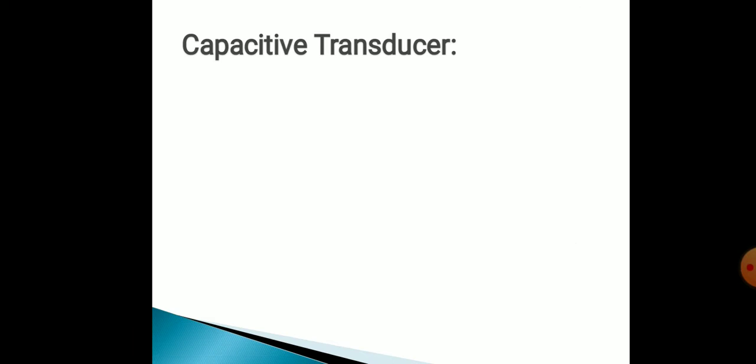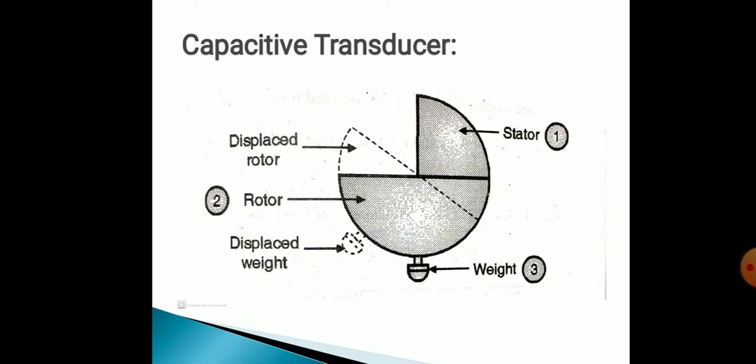Capacitive transducers. The figure displays the rotor, stator and weight. A variable plate area transducer is made up of a fixed plate called the stator and a movable plate called the rotor.